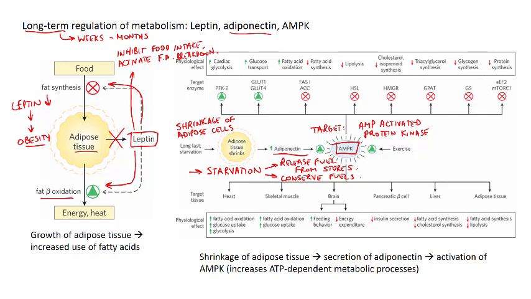So what does AMPK do? Well, it does an awful lot of things, but for example, it promotes fatty acid beta oxidation and inhibits fatty acid synthesis. Does that make sense? Well, yeah, if we're starving, we need to use fatty acids as an energy source because we don't have a whole lot of glucose on hand. Okay?